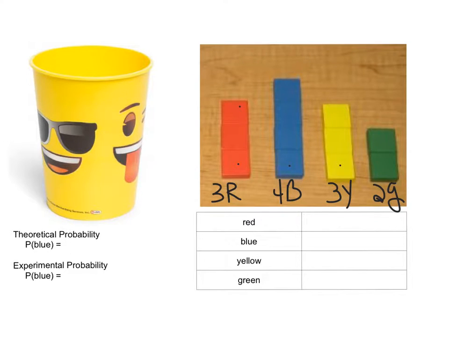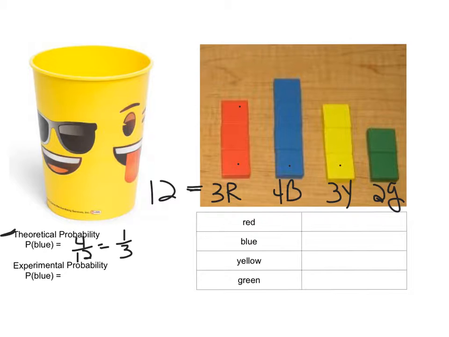So now if I add them all up, this is going to equal 12 tiles. So the probability of it being a yellow tile, when you actually pick randomly, would be 3 out of 12. Here they're asking for the probability of blue, so that means there's going to be 4 blue out of 12, which is the same as 1 out of 3. So the probability of picking a blue tile is 1 out of 3.